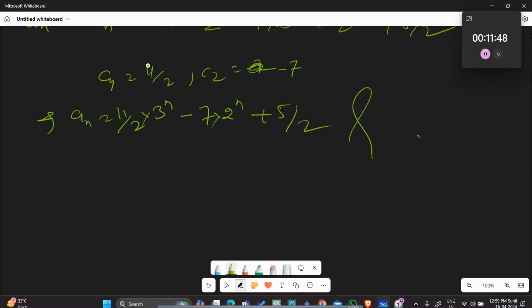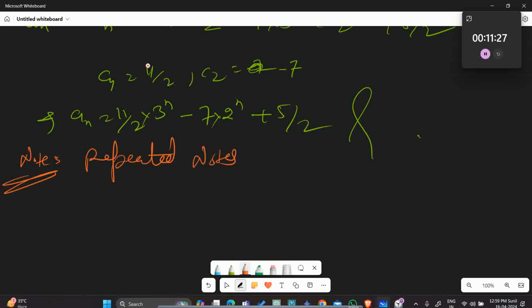So some notes here. Notes here are about repeated roots, same as the homogeneous one.